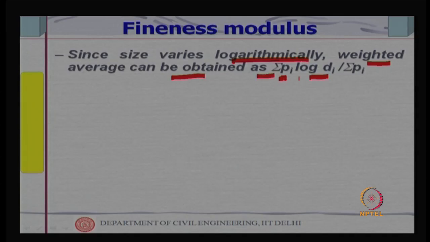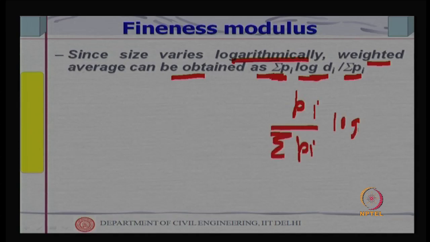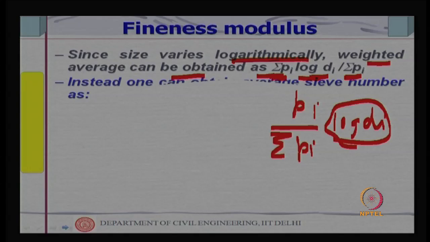I can take average size, so I take weighted average size. Here p_i is the proportion of total aggregate. So, I talk in terms of p_i divided by sigma p_i log d_i. This is the weightage function, with log of diameter. So, this is what one can use.